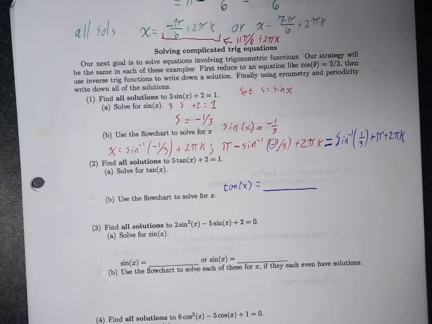Just like the example we just did. Step 1 is figure out what tangent of x has to be. Get the equation so you have something that looks like tangent of x is equal to a number. And then use the flowchart, which says that solving equations that look like tangent of x is equal to a number, well, that's easy to do.